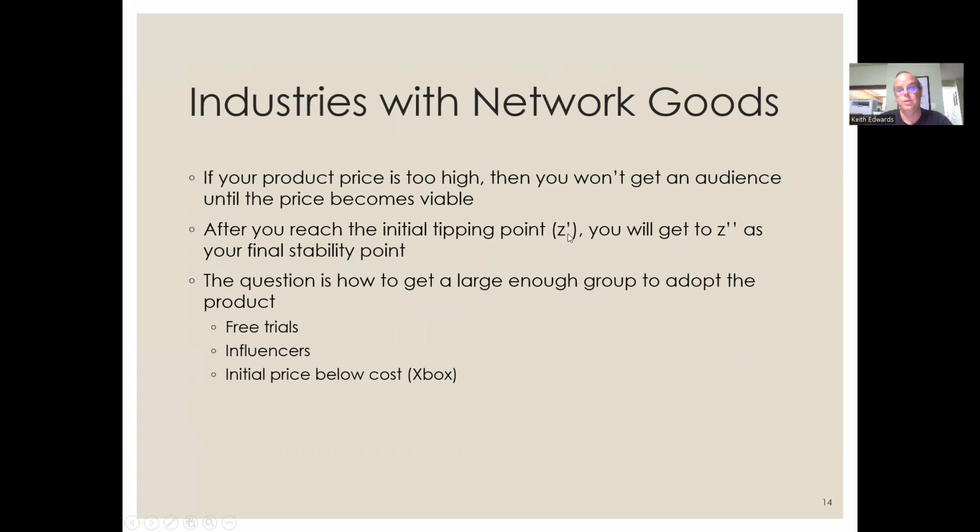After you reach the initial tipping point, Z prime, you'll get to Z double prime as your final stability point. The question is how to get a large enough group to adopt the product. And there are different things like free trials, which drive us all nuts, influencers, probably again drive us nuts. And then, things like setting the initial price below the cost, like the Xbox hardware when it first came out.